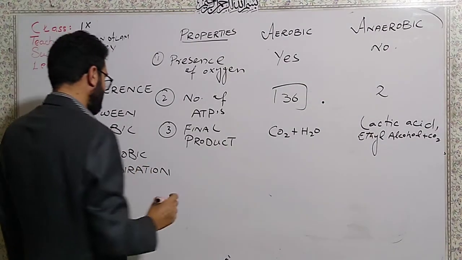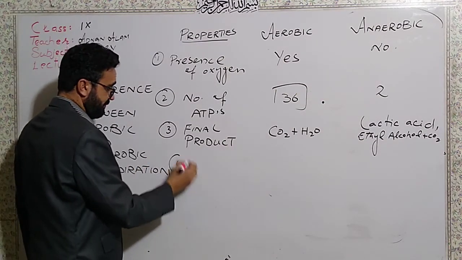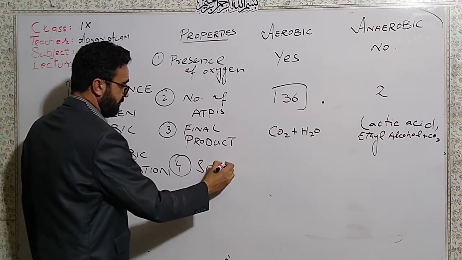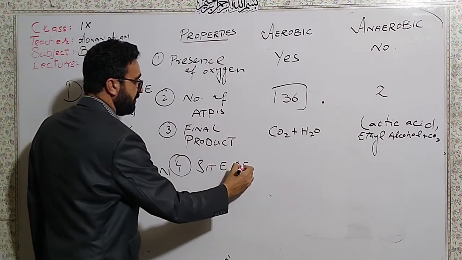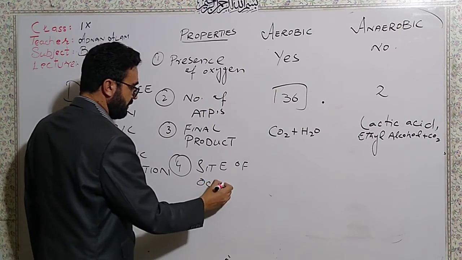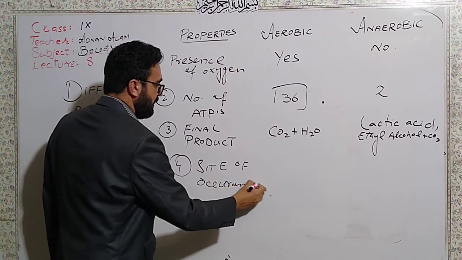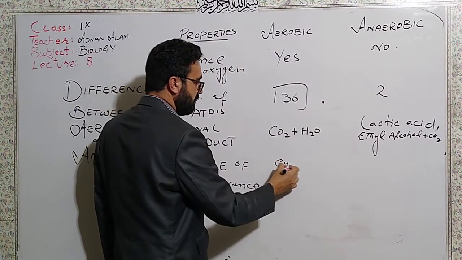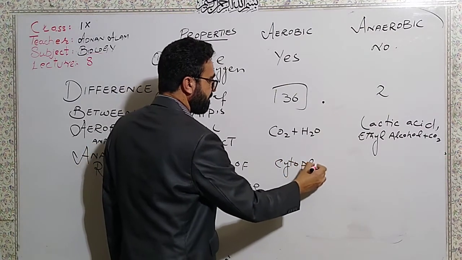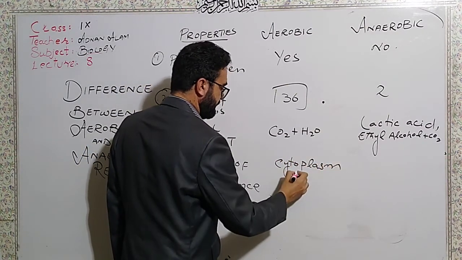The site of occurrence for aerobic respiration is cytoplasm plus mitochondria.